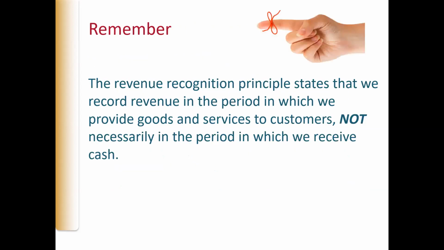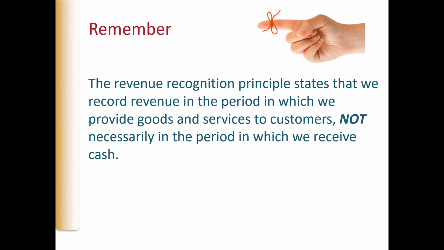Remember, revenue recognition is that revenues are recorded in the period in which we provide the goods or services to the customers, not when we get the cash. Sometimes they may coincide together, but oftentimes they don't.